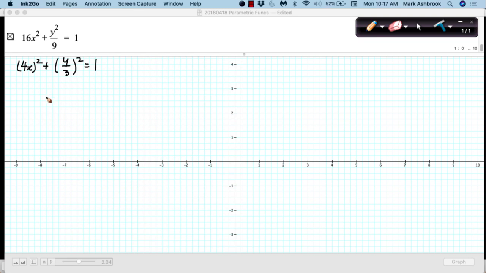And then I set it equal to 4x equals sine of t. So you said 4x equals sine of t? Yeah. Okay. And then I solve for x. So x equals sine t divided by 4. I was confused whether it would be sine t or cosine t.